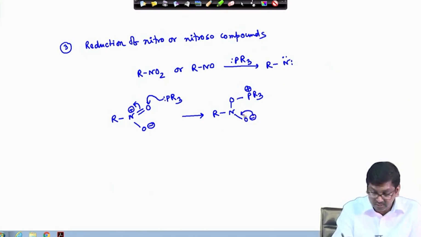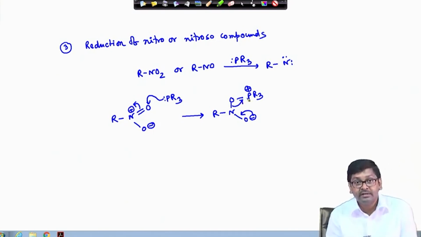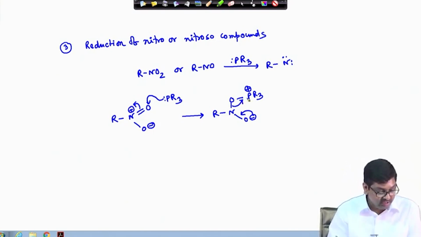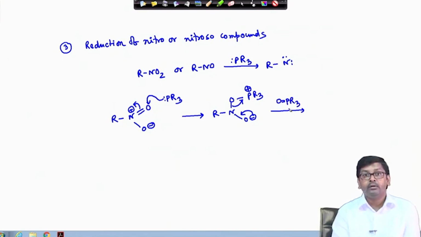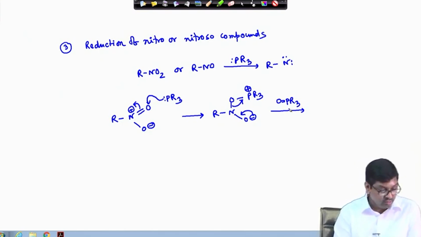So, now this can go back, and as phosphorus and oxygen have a very strong affinity towards each other, this bond will cleave and we will get this phosphine oxide.